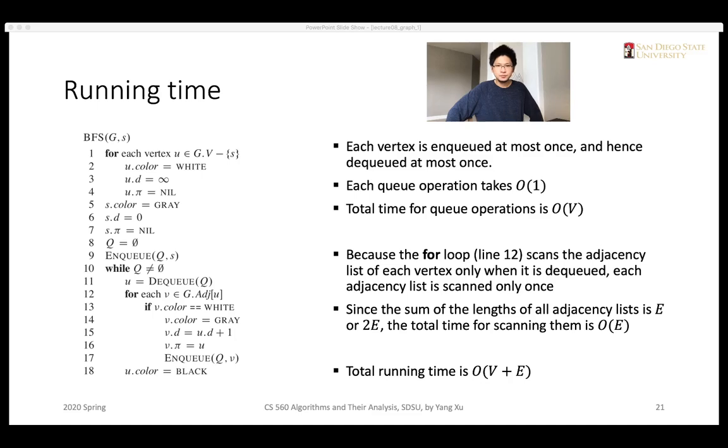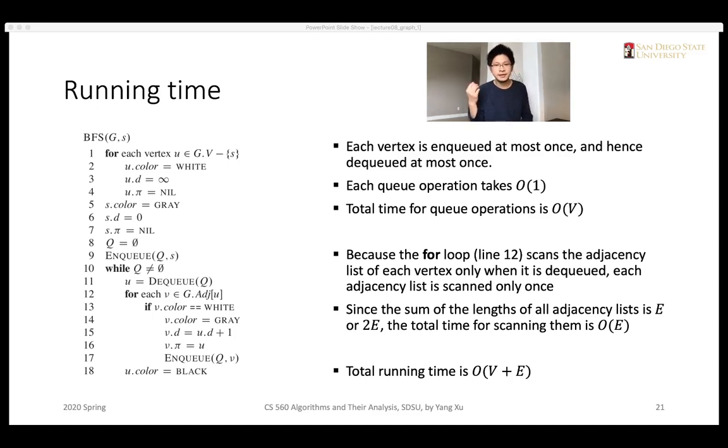And so the key point is the nested loops, with a while loop on the outside and a for loop on the inside, right? The for loop starting at line 12 goes through the adjacency list of each vertex only when it is dequeued. That means only when a vertex is dequeued, its adjacency list is scanned. So each adjacency list is scanned only once.